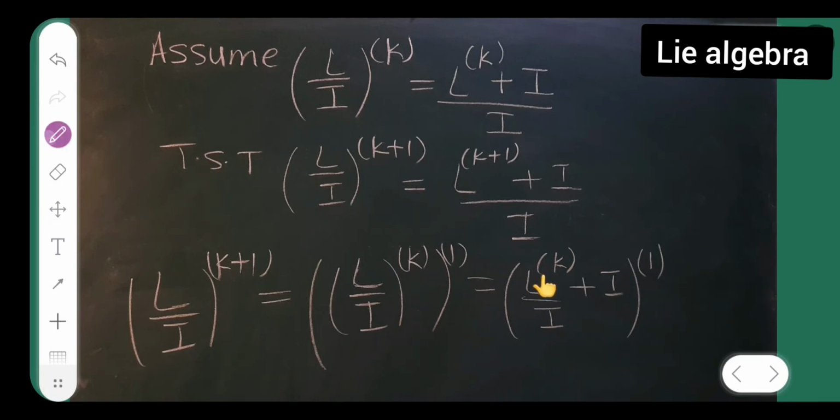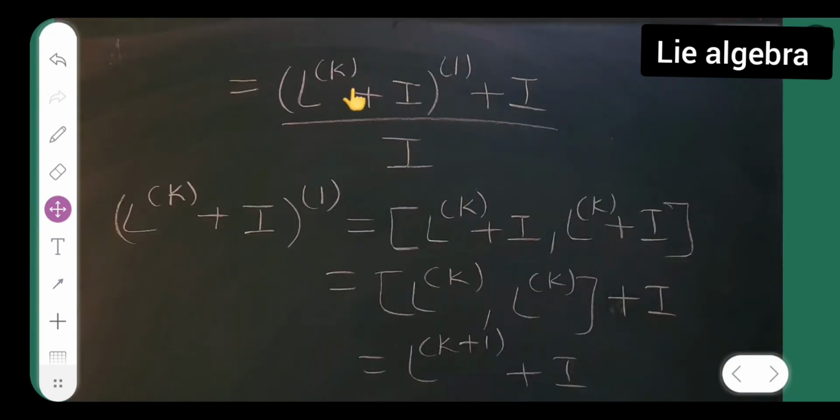Just put that complete line, put this upon I properly, and this raised to power of 1 as it is. Now this is equal to nothing but ((L^(k) + I)^(1) + I)/I.